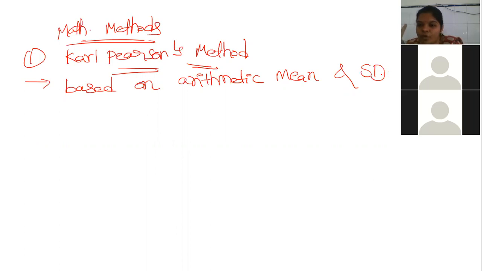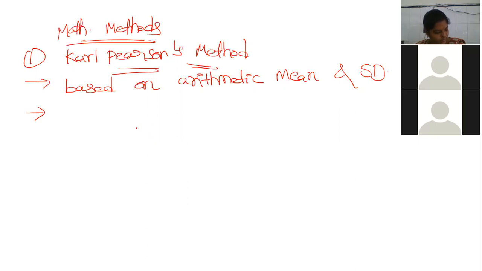This is the first foremost important point.